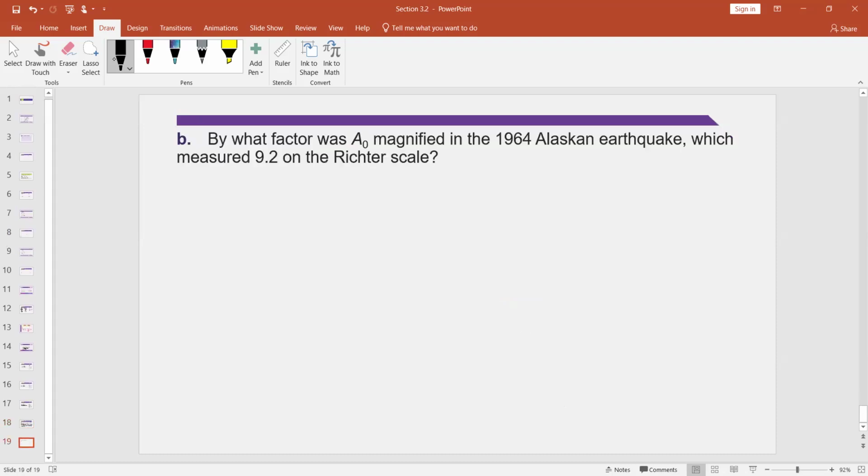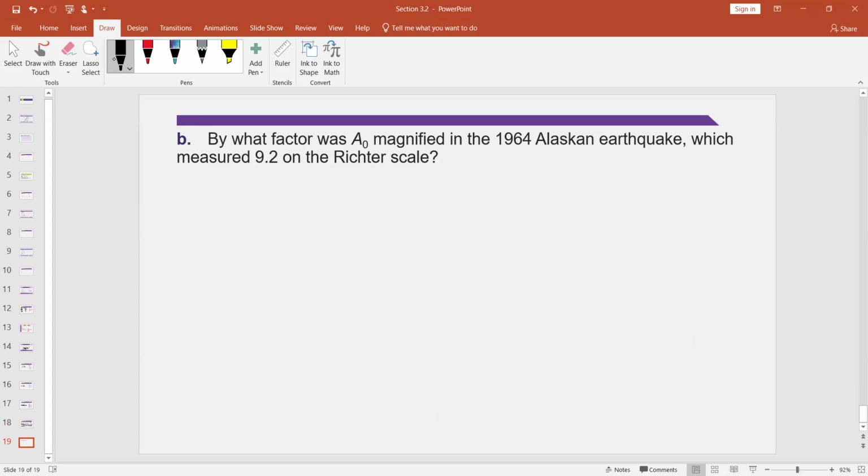But what I want to finish this up by talking about is by what factor. One of the greatest earthquakes in the United States since the advent of the Richter scale occurred in 1964 in Alaska on Good Friday. It was on March 27th of that year. The earthquake and the resulting tsunamis killed 131 people.